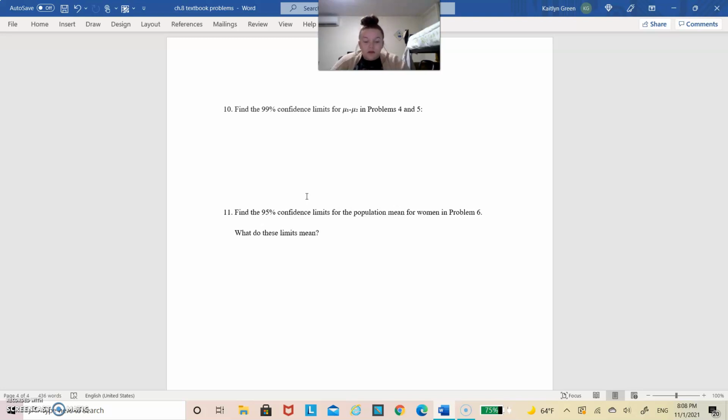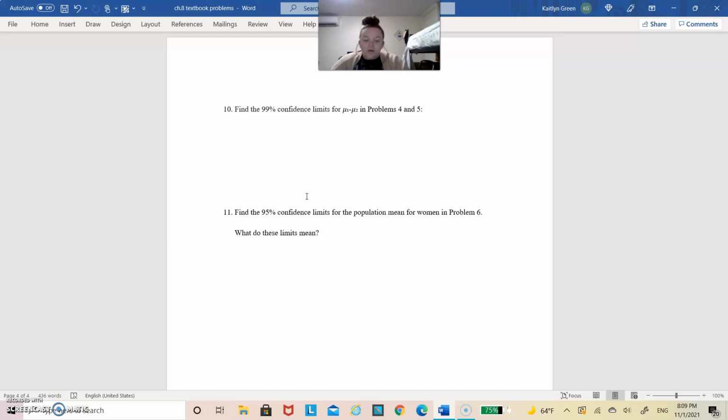And we're going to multiply that by a z critical score, which we find by looking in column C of, I believe, table D. Looking for the z critical value of 0.005 and finding what z would be, which was 2.57.